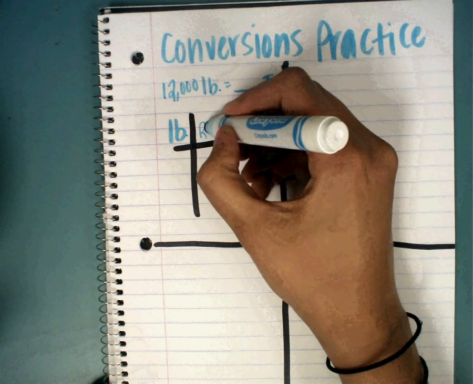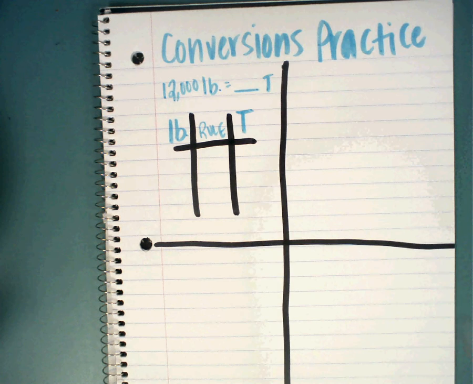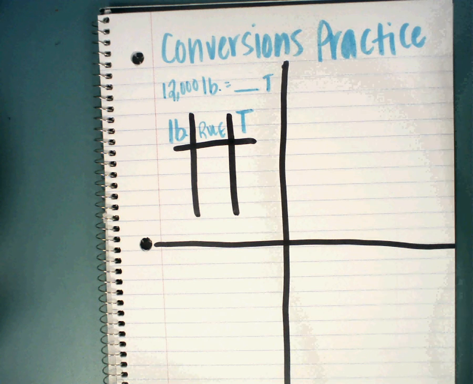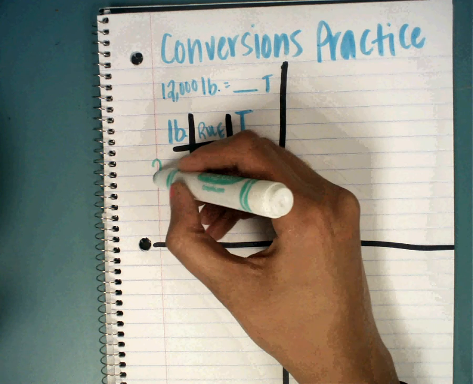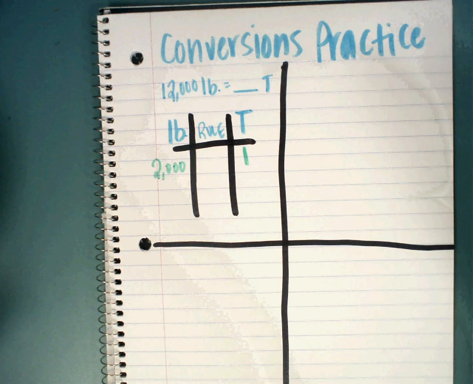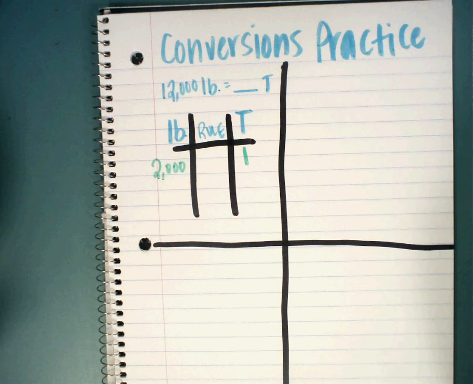Okay? So now I need to figure out where does my 1 go? Well, which one's bigger, a pound or a ton? A ton, so the 1 goes under the ton. And how many pounds are in a ton? I just told you. 2,000, right? Well, if I'm going from a big number to a small number, am I going to be multiplying or dividing?